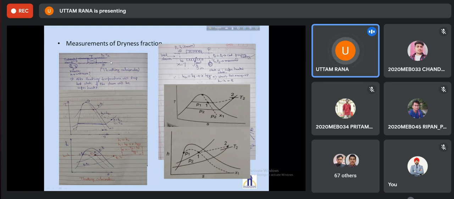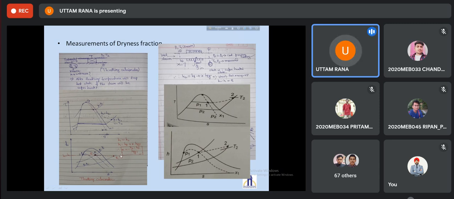Now this is the working principle of the throttling calorimeter, and the corresponding processes are shown in the TS and HS diagram. In the HS diagram, the horizontal lines are constant enthalpy lines. Let us say my pressure is P1 and the corresponding state is 1.